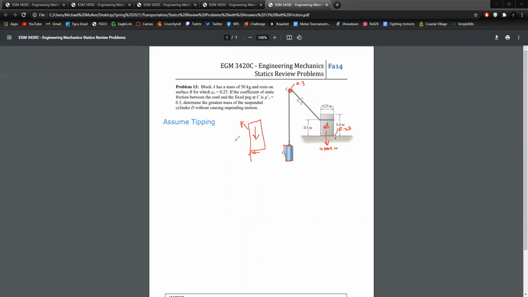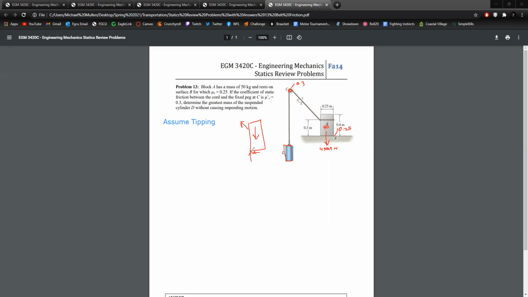So what's going to happen here is we have the normal force on the corner, because as soon as this thing starts to tip, all of the normal force will be here. There will be no friction along the bottom, and our normal force will be focused entirely at this corner.